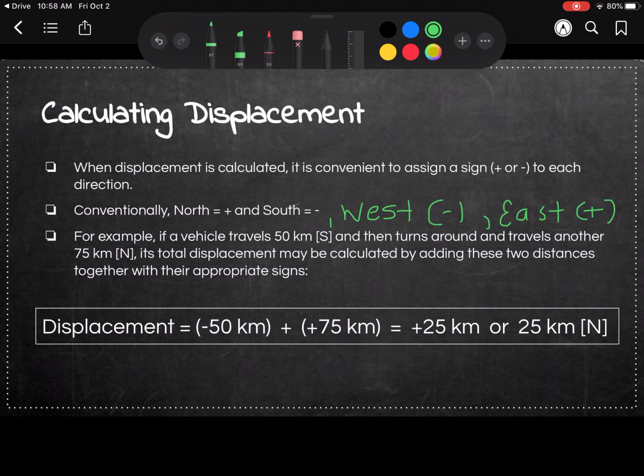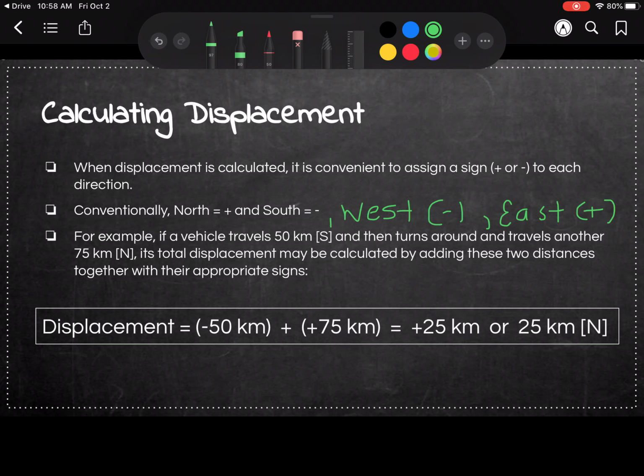Okay? So whenever we see those north, east, south, west, instead of putting the N, E, S, and W, we're going to put signs, because we can calculate this with a pretty easy formula. Or I guess it's not even a formula. You just have to add all of your distances together, and as long as you have the signs, you'll figure out your displacement.